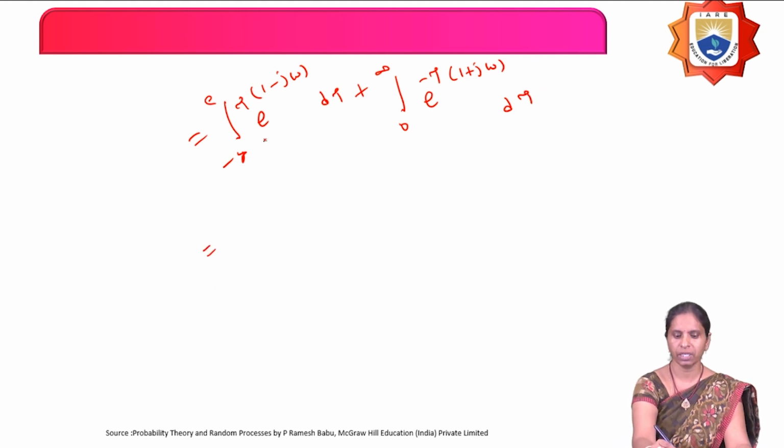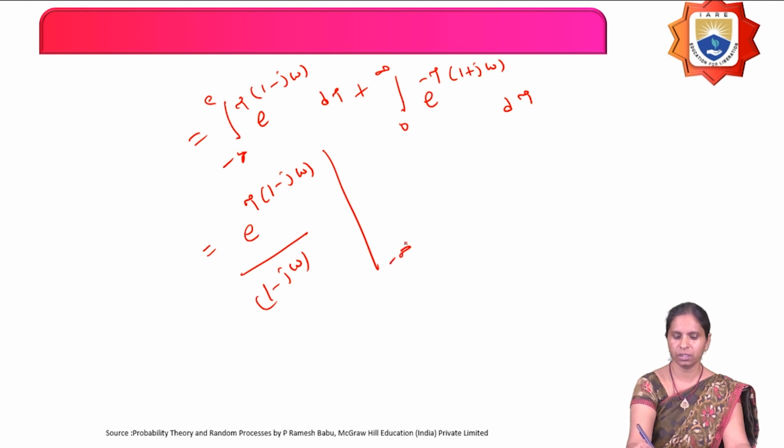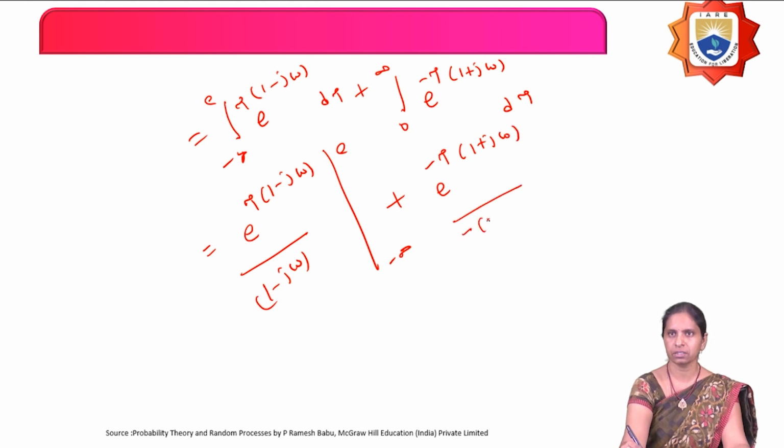So that equals, what is the integration of e power tau into 1 minus j omega with respect to tau? It is e power tau into 1 minus j omega, divided by 1 minus j omega. And what are the limits of tau here? Minus infinity to 0. Plus, the integration of e power minus tau into 1 plus j omega is e power minus tau into 1 plus j omega, divided by minus of 1 plus j omega.